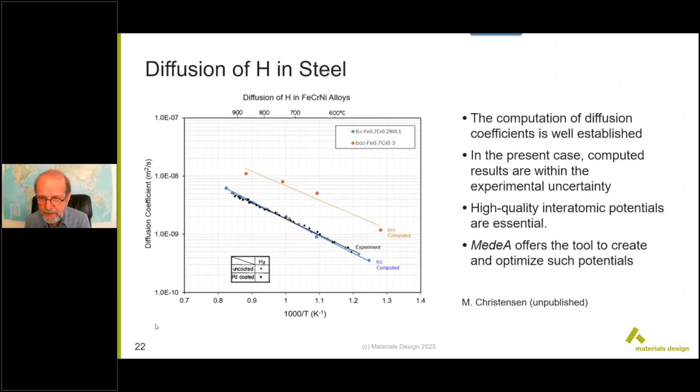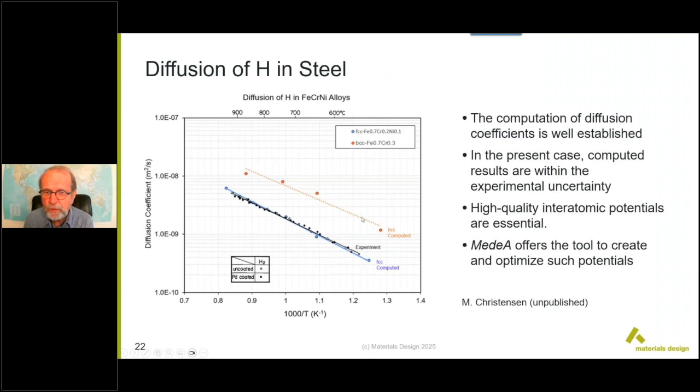And here are some examples of comparison of computed and experimental data for hydrogen diffusion in face-centered cubic steel, so austenitic steel. It's almost embarrassing how well the blue line agrees with the black dots here. Black dots are the experiment. The blue line is the computed result.